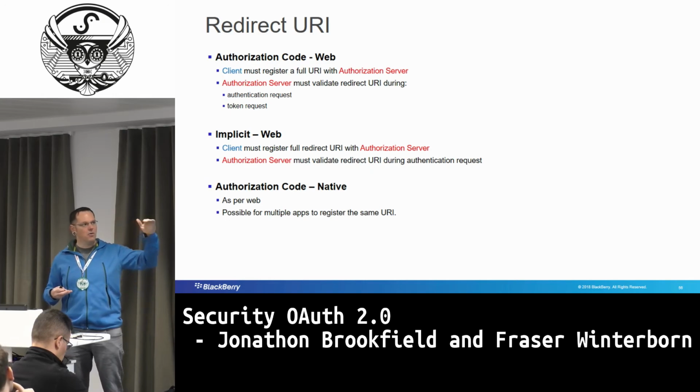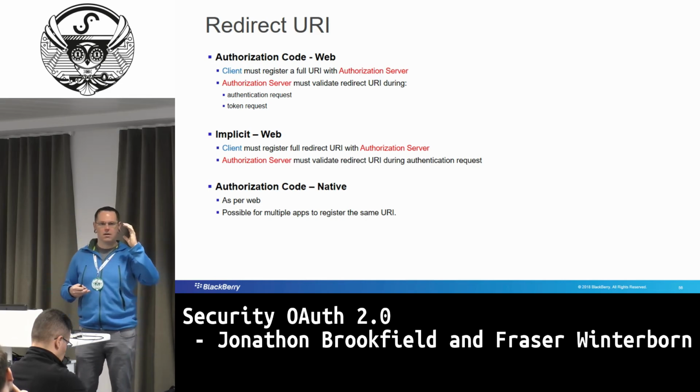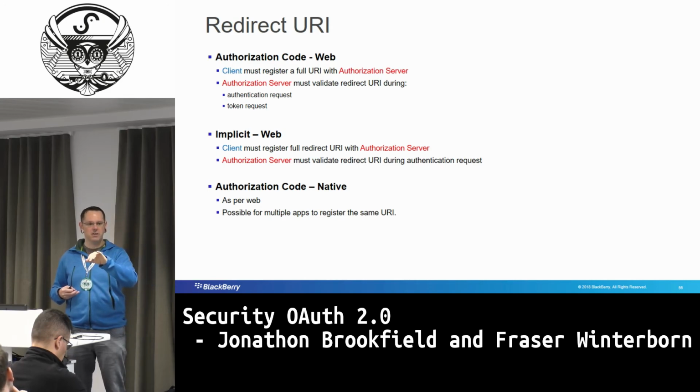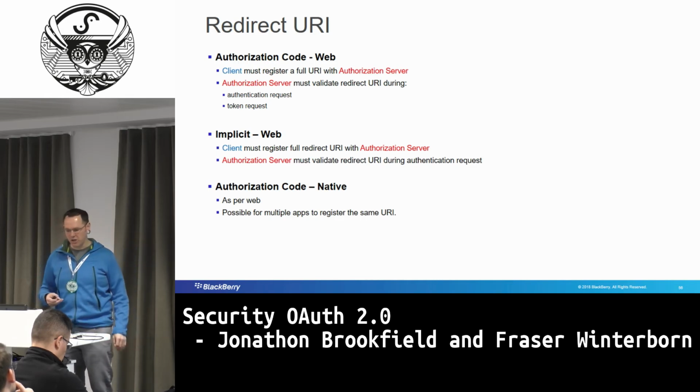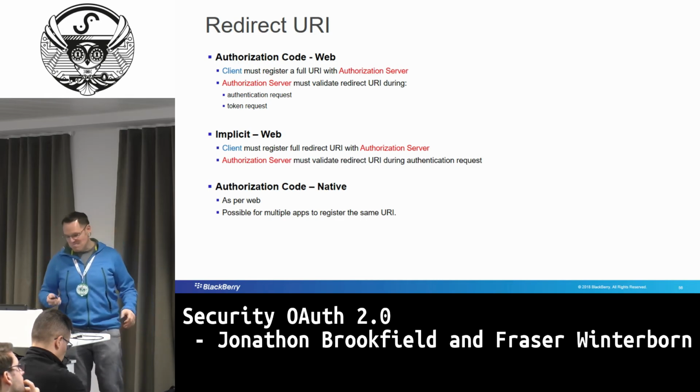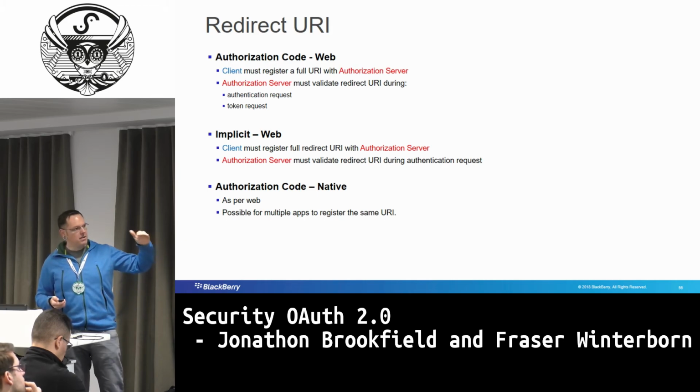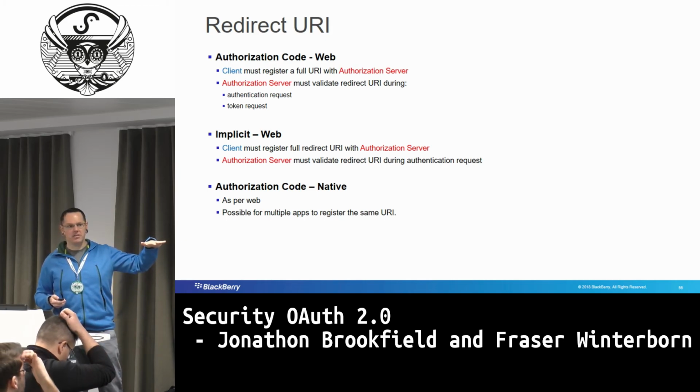There are two points in the authorization code flow. The first one is on the first redirect, and then the second one is during the token request. When the client is connecting to the authorization server, it can provide the redirect URI that the code came in on as a secondary check. Same with the implicit flow. It's down to the authorization server to check it.